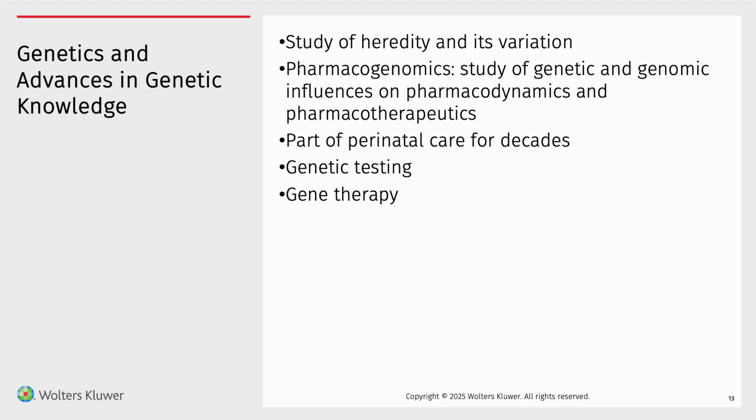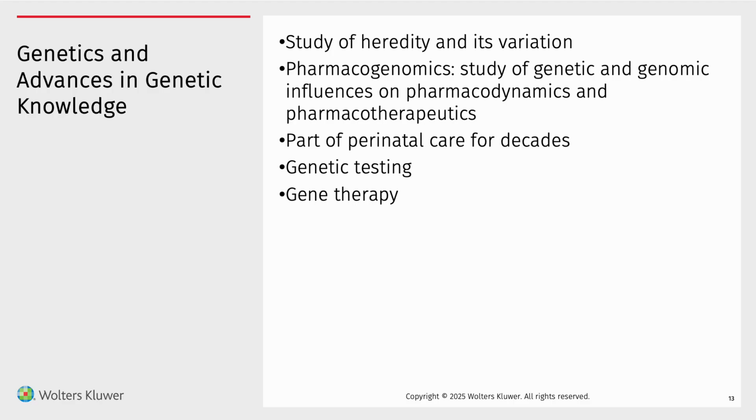Clinical application: nurses and nursing students collect detailed family and genetic history, right? When you're talking to the patients, you're asking them questions. You are asking them, do you have anyone who has Down syndrome or any other type of genetic history?